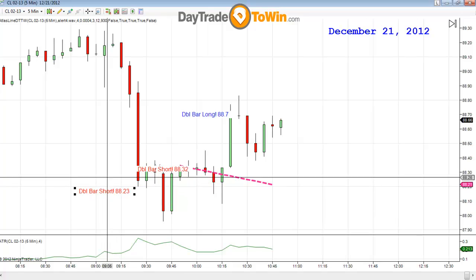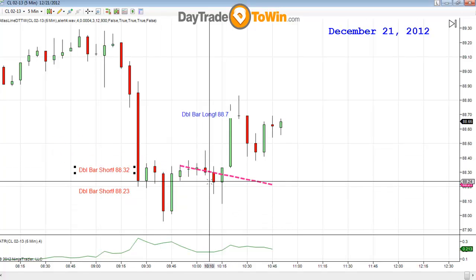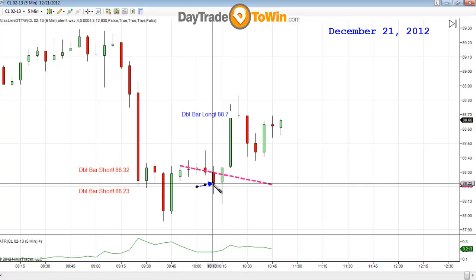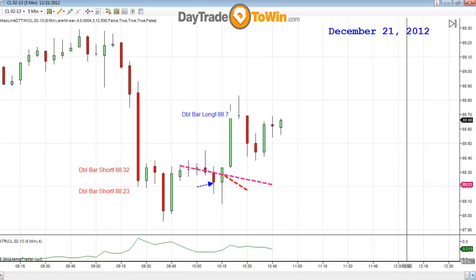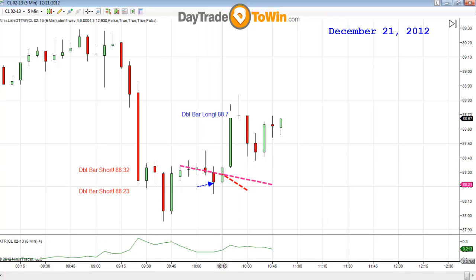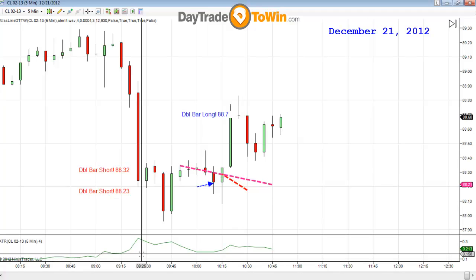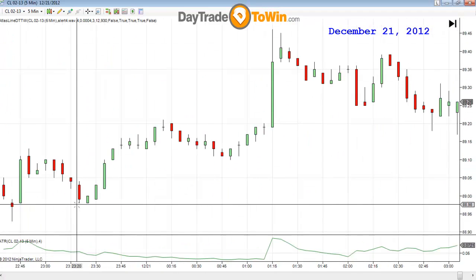So here is the crude oil. Okay, to go short, if you go short here, 2 consecutive closes, this is your prove it stop. The first close on the opposite side. So on crude oil, let's see what happened with crude the day before.